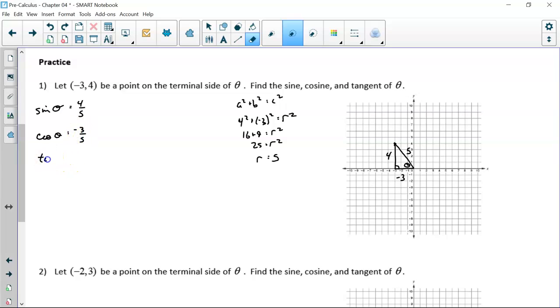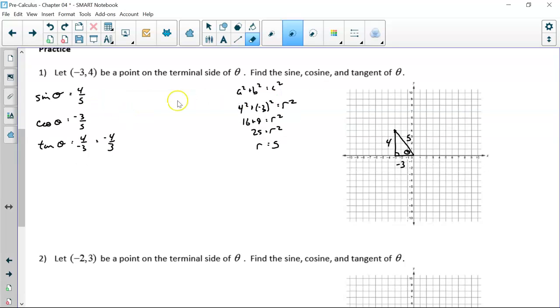And the tangent of theta, opposite over adjacent, is 4 over negative 3, which we'd write as negative 4/3. Always put that negative in the numerator. So really just all the things we've talked about before with geometry and so forth.